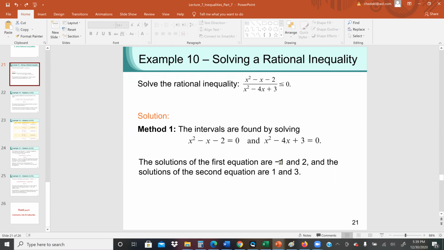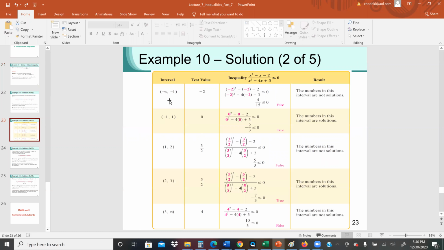You're going to get two answers each, so four. Now, if I have these four, come up with the intervals. So the intervals will be negative infinity to -1, then -1 to 1, then from 1 to 2, then from 2 to 3, then from 3 to positive infinity. So we end up getting 5 intervals.